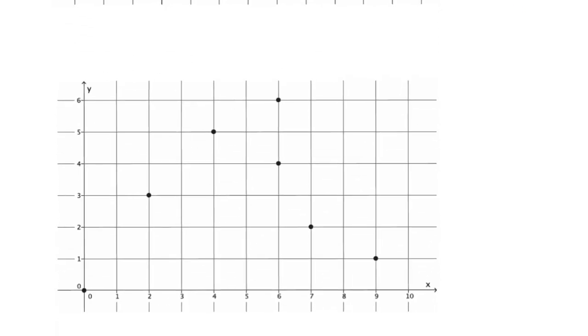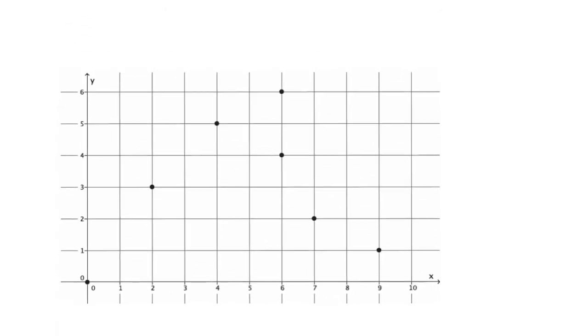Contrast that with what you see down here. So this time I have inputs at 0, 2, 4, 6, 7, 9. And all of them have one dot except for 6. Notice that 6 has 2 dots right here.